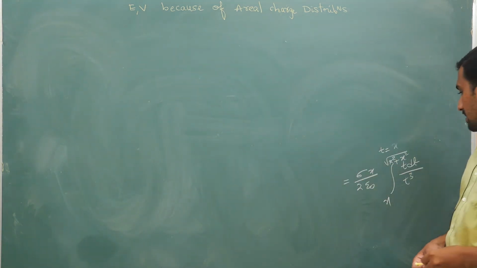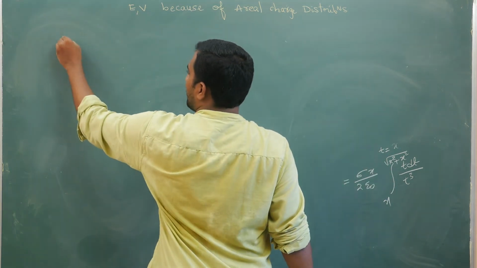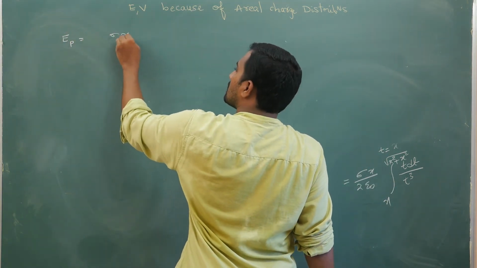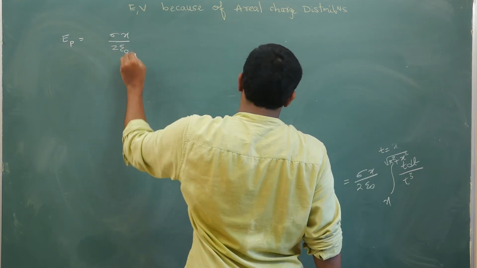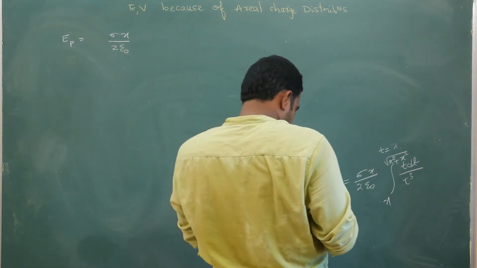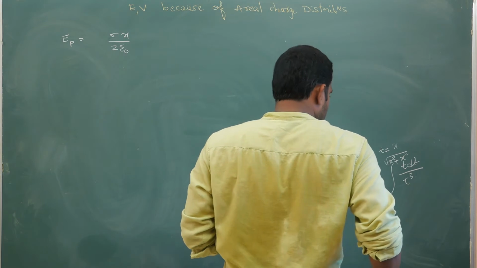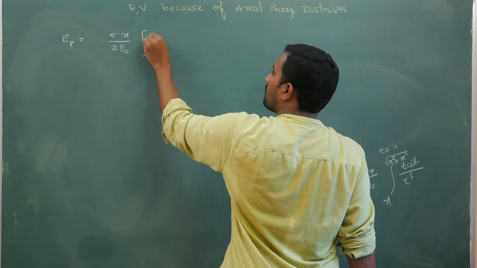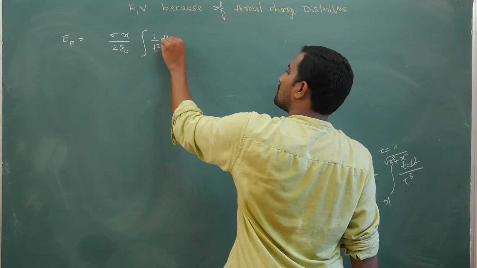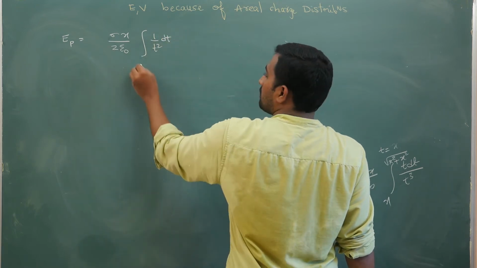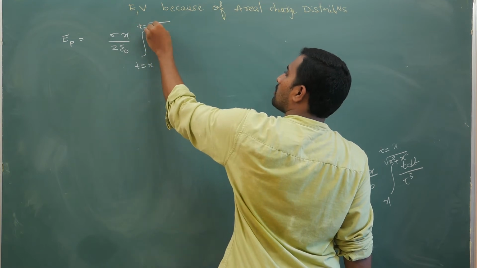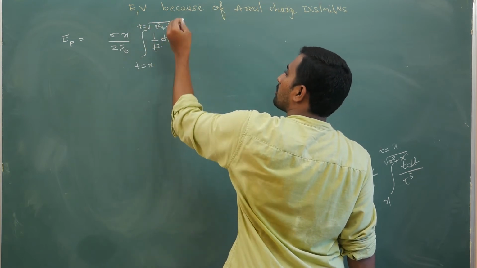So according to what I have simplified, your electric field at that particular point is sigma x by 2 epsilon naught times the integral of t by t cube, which is the integral of 1 by t square times dt, from t equal to x to t equal to under root r square plus x square.